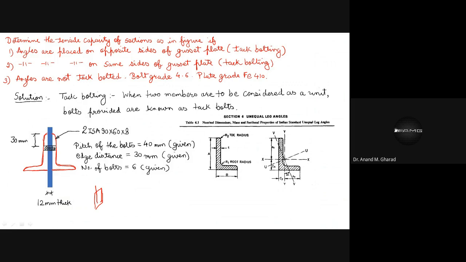To the gusset plate, this is one angle like this, and the second angle section will start from a certain distance, which is nothing but the thickness.